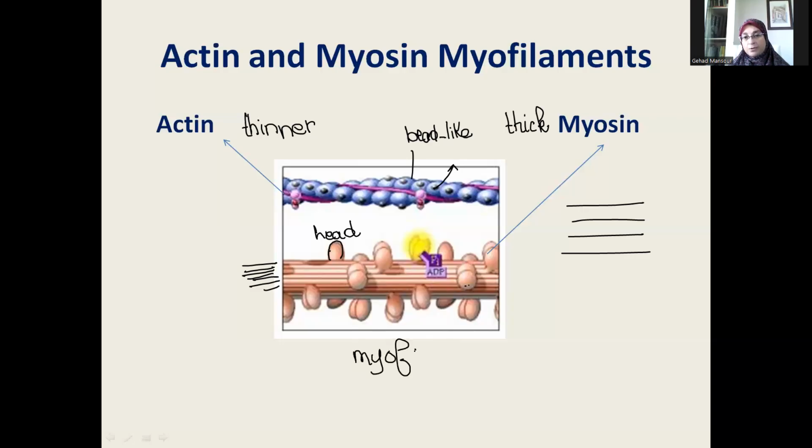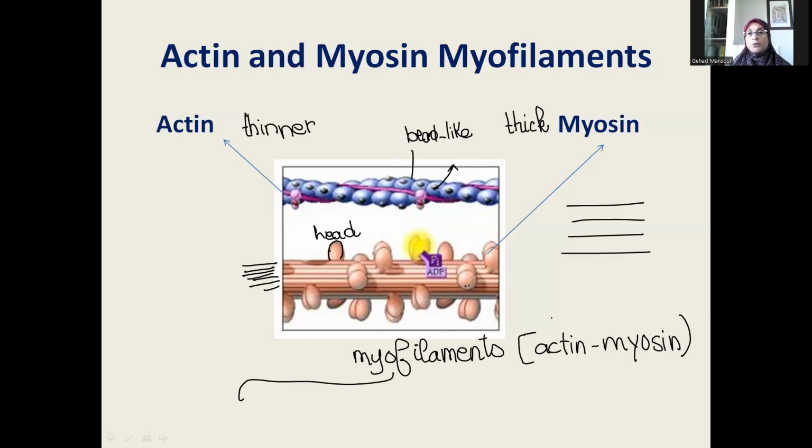Actin and myosin are characterized by common properties. First of all, myofilaments consist of actin and myosin, actin being the thinner one. The characteristic shape of actin is that it consists of bead-like molecules with specific sites on every bead for binding of the myosin head.